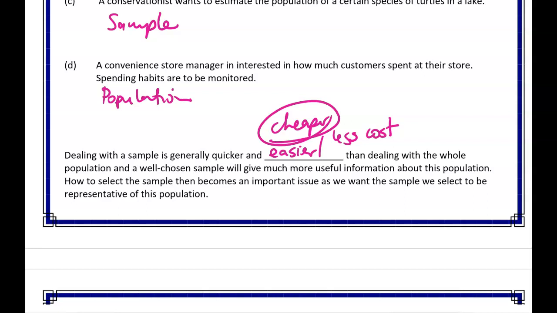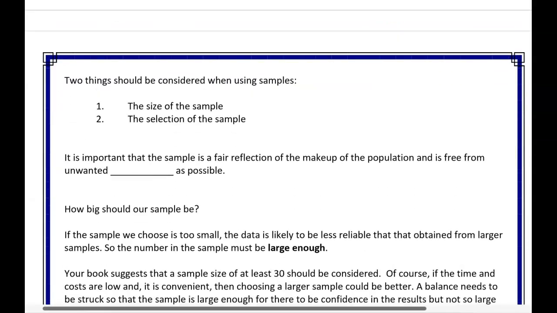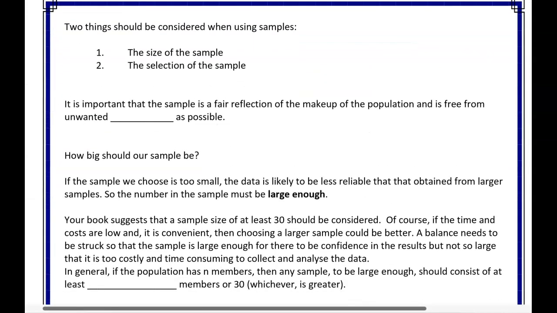And so that is what we need to consider. How do we choose a good sample? So when we do that, before we actually start selecting samples, we need to think about the size. How big is it going to be? I already talked about that yesterday. Can we remember what the numbers are?